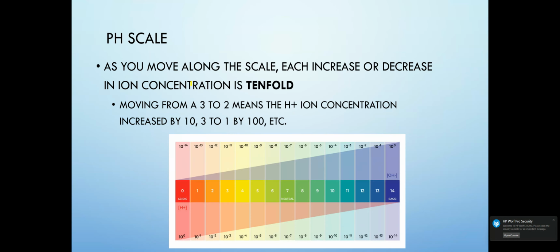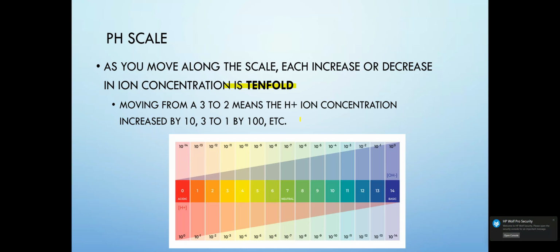And so as we move up and down the scale from 0 to 14, with each step there is a 10-fold increase in the concentration of those ions. So the more acidic it becomes, 10 times, 100 times, 1,000 times, and it's a 10 times fold every time.